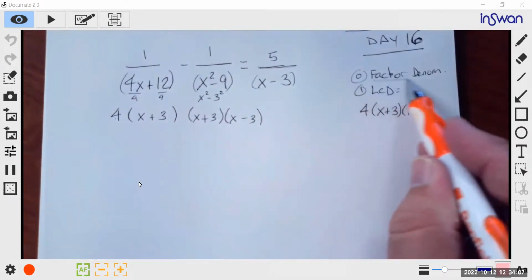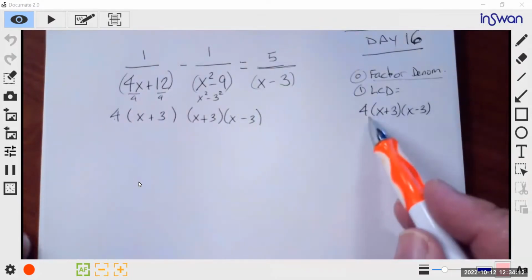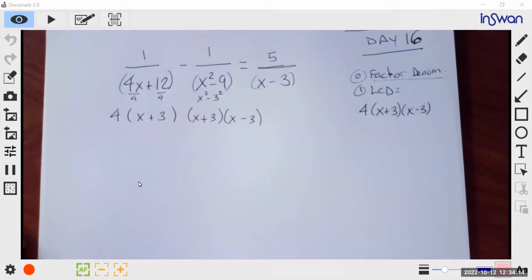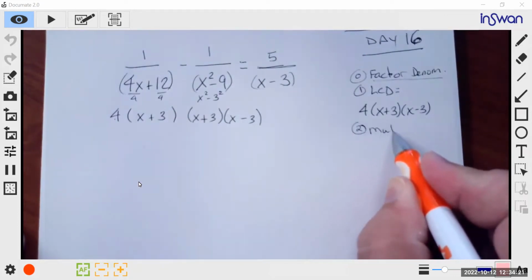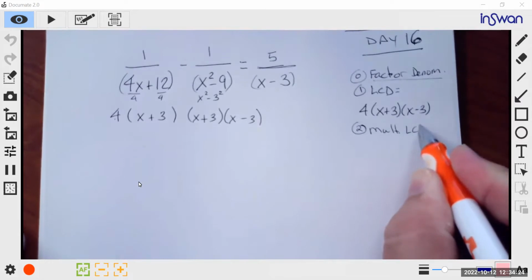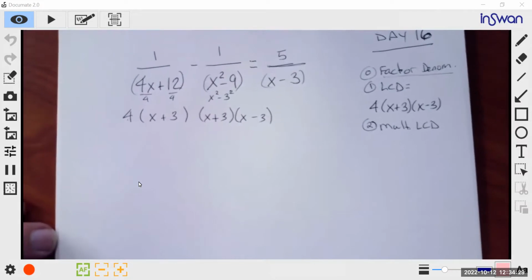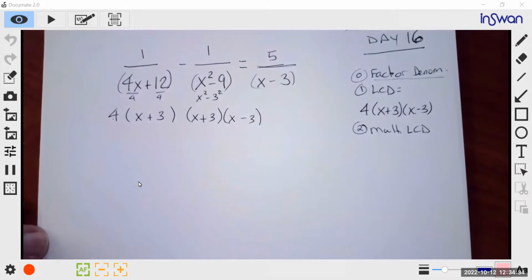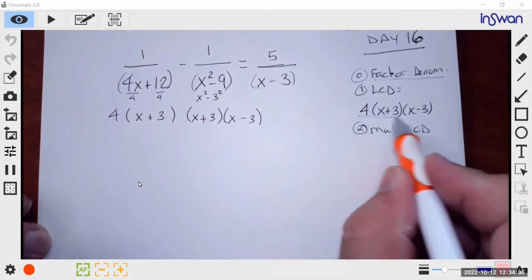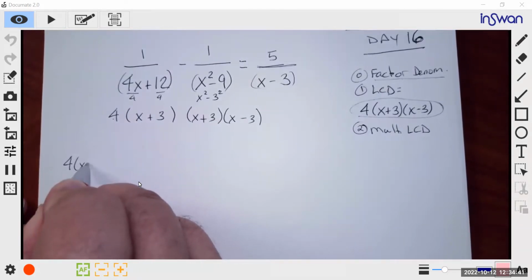So that's the reason we factor: whenever you have rational equations and x is on the bottom, factor them out, so you see what the LCD is going to be. And then the second step after that, multiply by the LCD. So I have to take this LCD and put it in front of each of my terms.